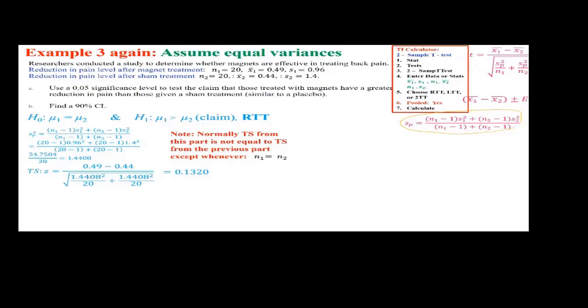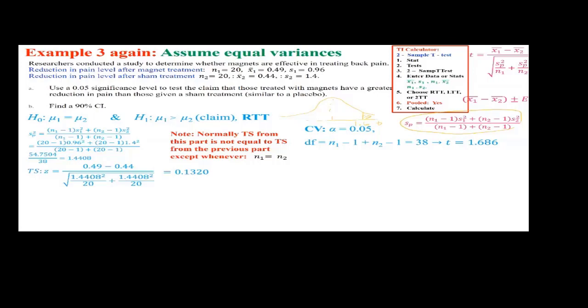So 20 minus 1 and 20 minus 1, they add up to 38. So degrees of freedom is 38. Alpha is 0.05. You're dealing with the right tail test, and the value is 1.686. So that is your answer as far as the critical value is concerned. So 1.686. That's your critical value, my friend.